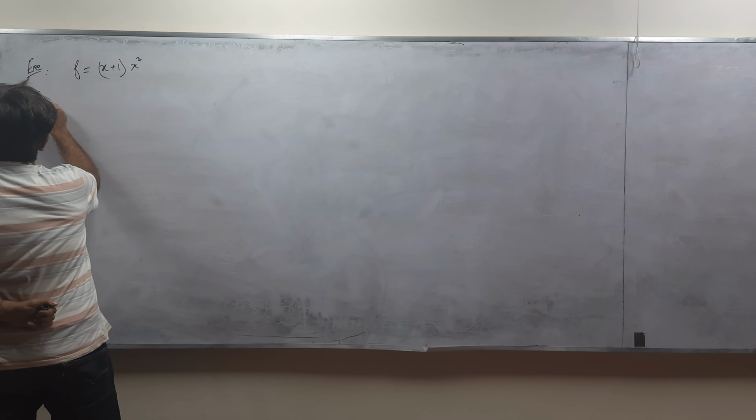Okay. Plus x cube as it, one over 3 (x plus 1) to the power 1 over 3 minus 1, that is 1 over 3 minus 3 over 3, it is equal to minus 2 by 3.